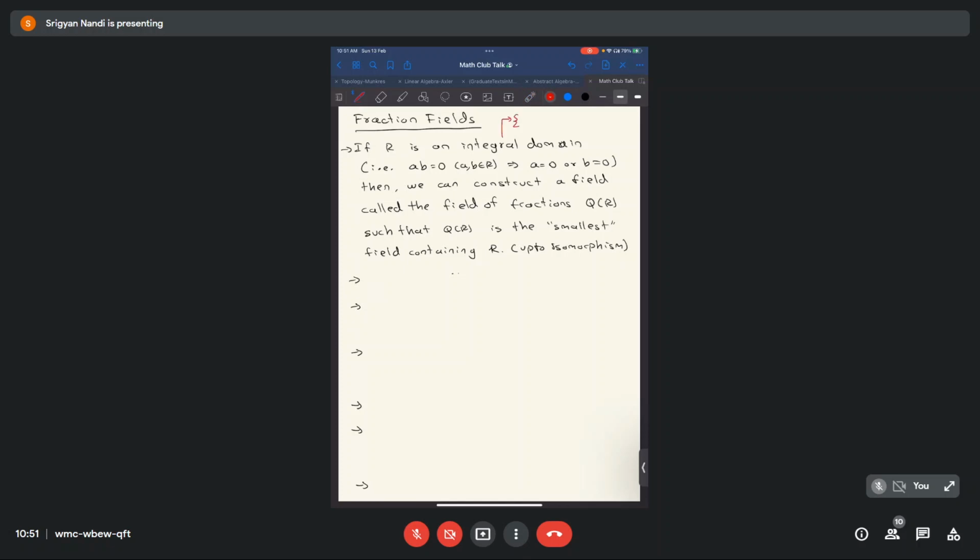An integral domain is a ring such that if ab equals 0 in the ring, that should imply that either a is equal to 0 or b is equal to 0. That is, this ring contains no zero divisors. So if R is an integral domain, oh, okay, my bad.